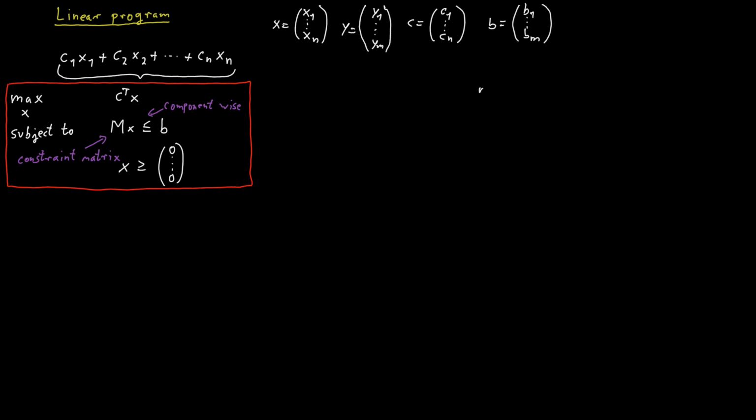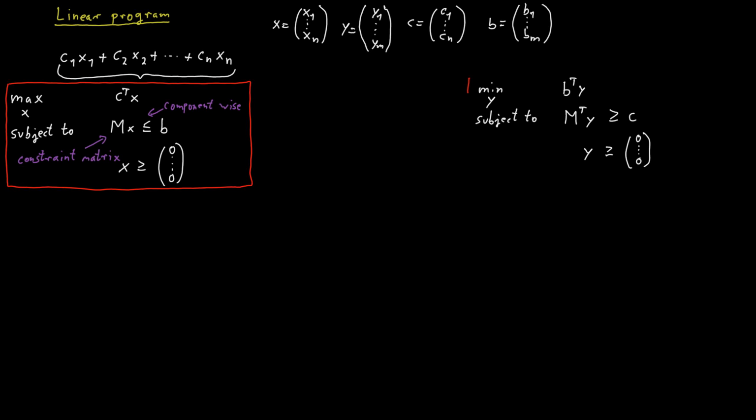We want to minimize over all vectors y, the term b transposed times y, subject to M transposed times y being greater or equal to some vector c.